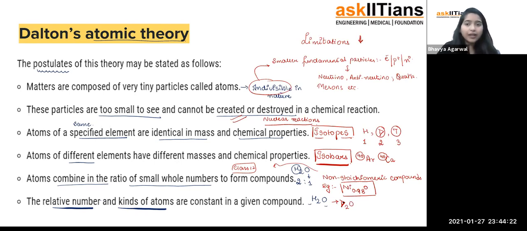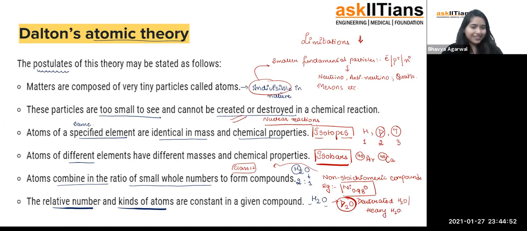Because we know that hydrogen and deuterium are isotopes. It's just that the mass of deuterium is twice that of hydrogen. And therefore, we call this deuterated water heavy water.